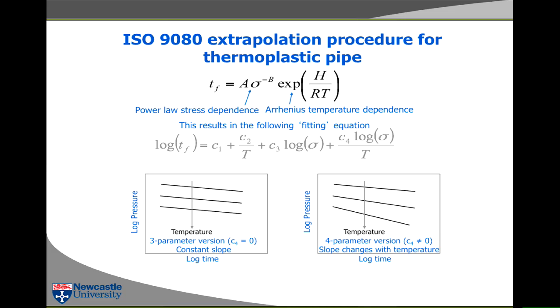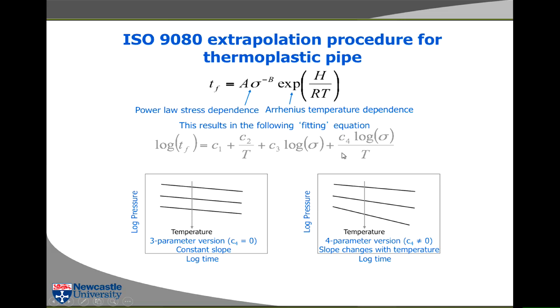Most of the measurements that you do with polythene, as you increase the temperature, the slope of the regression curve stays the same. Some polymers, as you increase the temperature, the slope gets steeper. This is the one that's usually used with polythene. If you work with nylon 11 or PVDF, it sometimes does this.